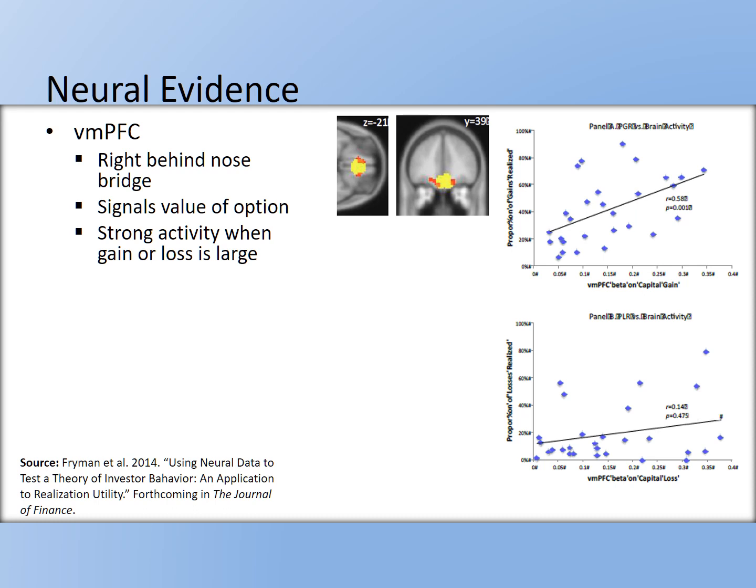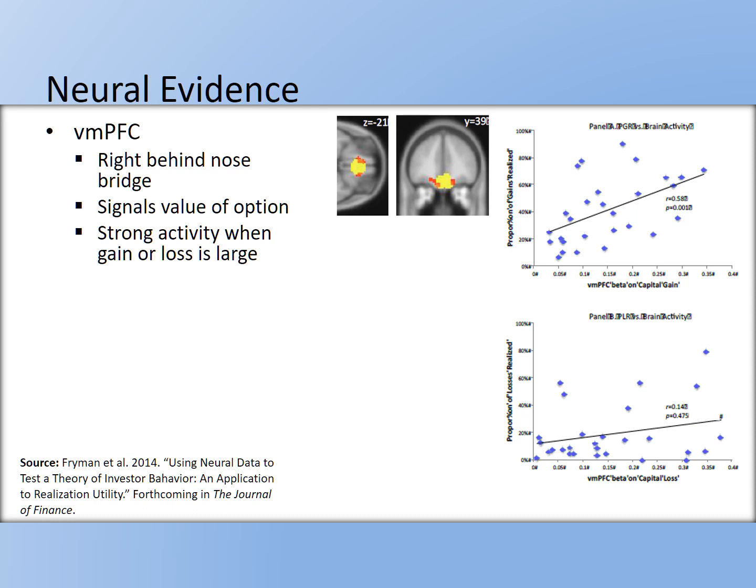The horizontal axis is blood flow; higher means more blood flow. What you have here is a positive relationship between blood flow in that particular region of the brain and the magnitude of the decision involved.